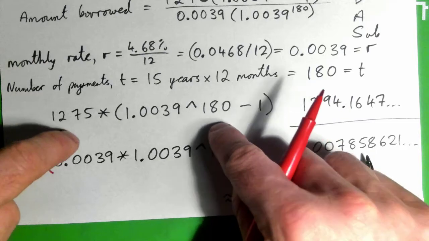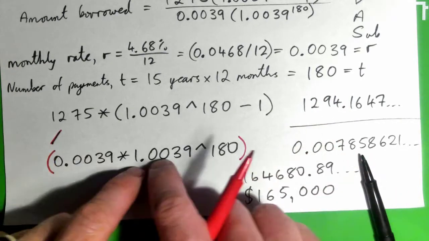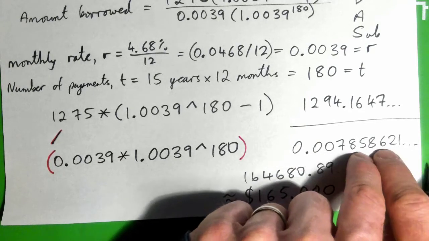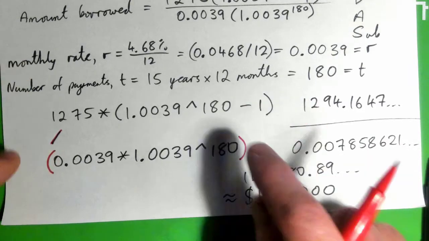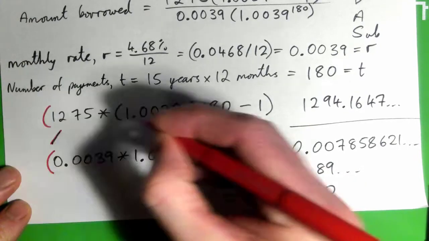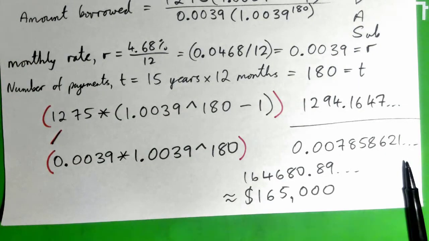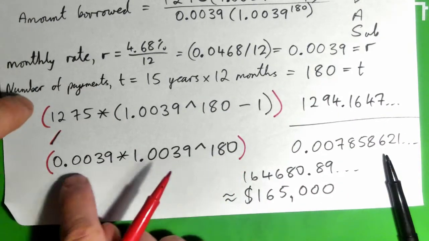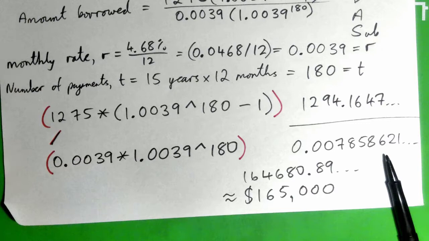Like do all of this, turn it into our 0.007 number, and then divide by this. So, and to be really clear, if you want to, you can put parentheses around the top, which says to your calculator, I want you to get the top and I want you to get the bottom and then divide these numbers, right? So if we really wanted to, we could do it all in one go.